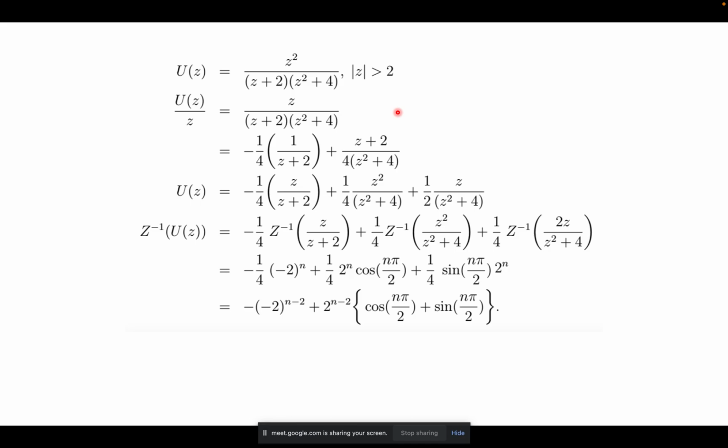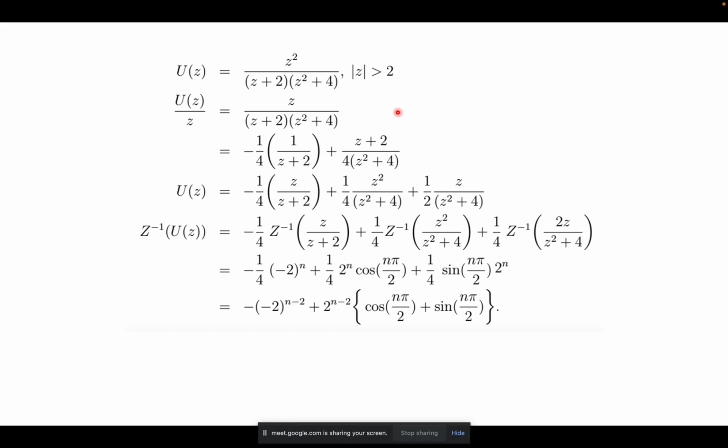So if you do that, you will write z inverse of U(z), and similarly here you can use the linearity property by rewriting minus 1 by 4 inverse z transform of z upon z plus 2, plus 1 by 4 inverse z transform of z square upon z square plus 4, plus 1 by 2 inverse z transform of z upon z square plus 4.